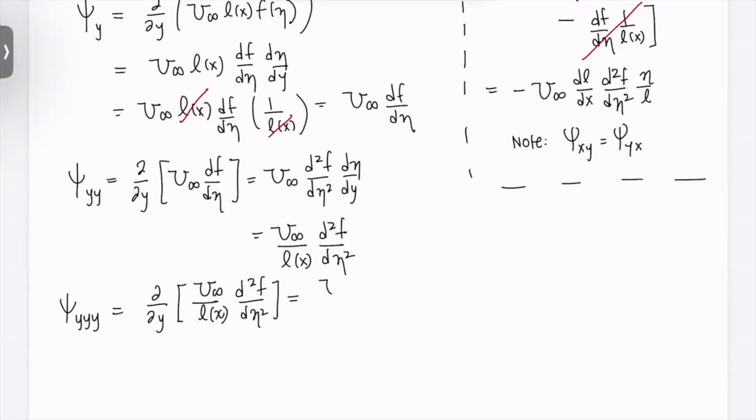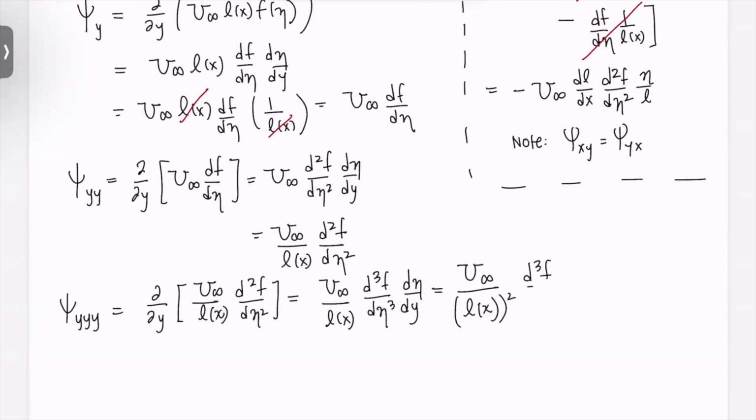And then I have u infinity over L of x out front because it's constant with respect to y. Then I have the third derivative of f with respect to eta times d eta dy, which gives us that extra factor of 1 over L of x. So this is squared. And then we have our third derivative with respect to eta.